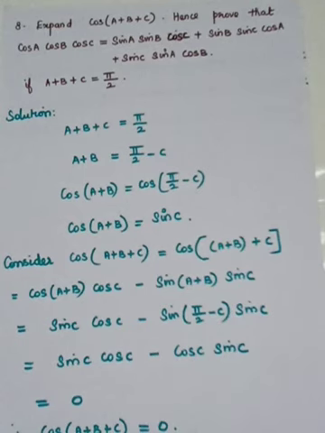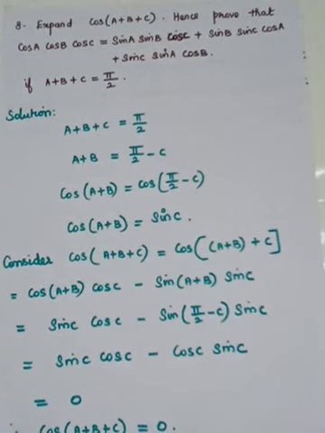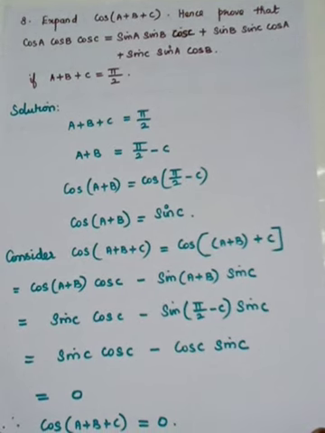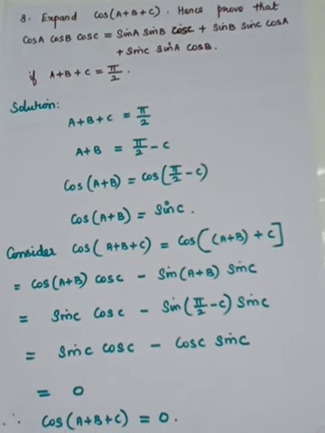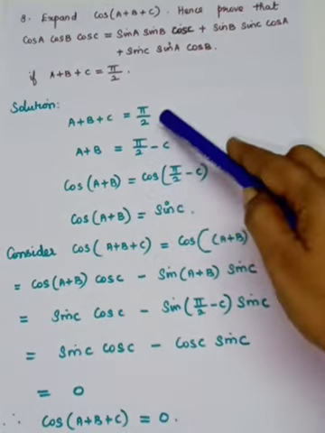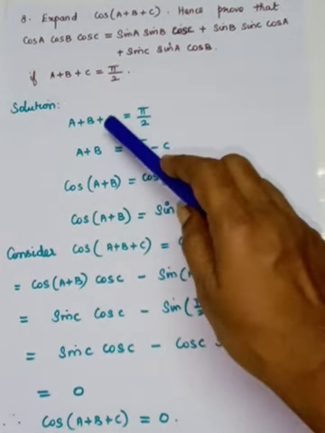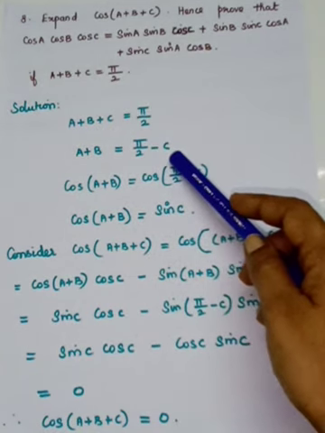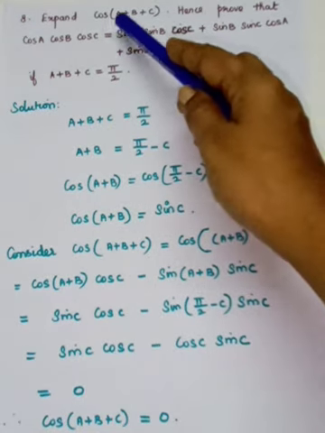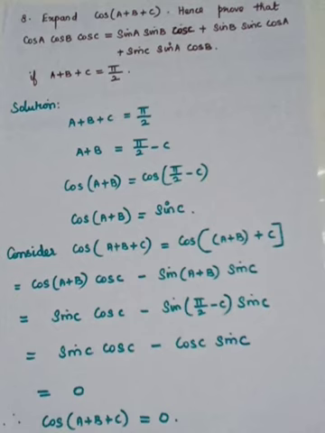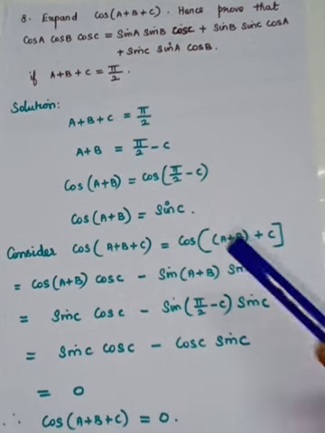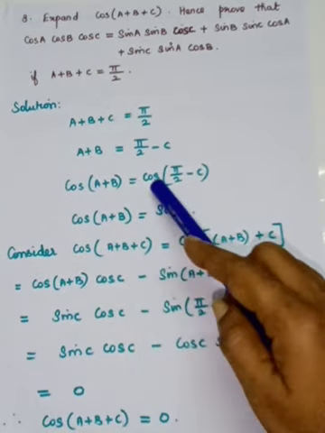So what is the given result? A plus B plus C is equal to pi by 2. First I am going to consider that A plus B plus C is equal to pi by 2. Pi by 2 means it is 90 degree. So the C, when you take it to here, it will become minus C. Okay, so I applied cos on both the sides.